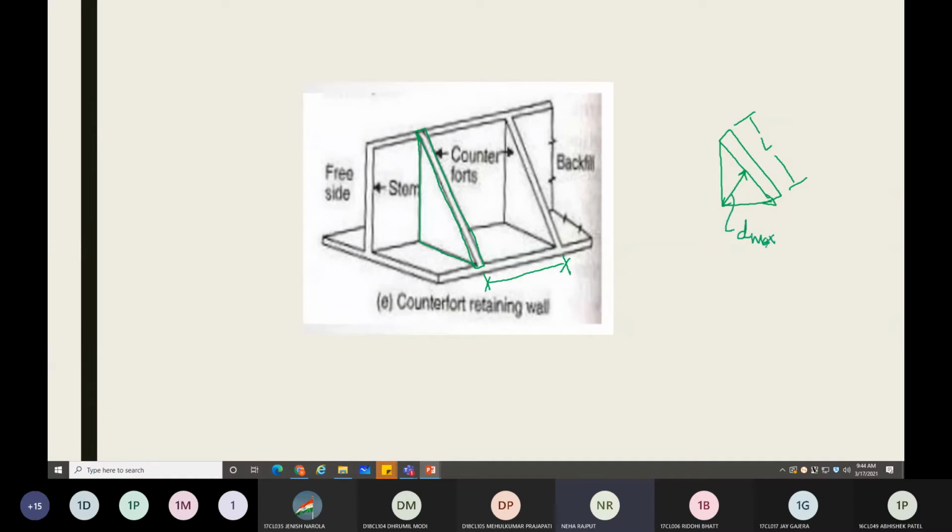And as you can see, this depth is decreasing as soon as you are going towards the top. That means this depth is the varying depth of the beam.